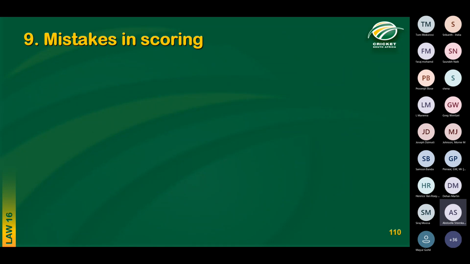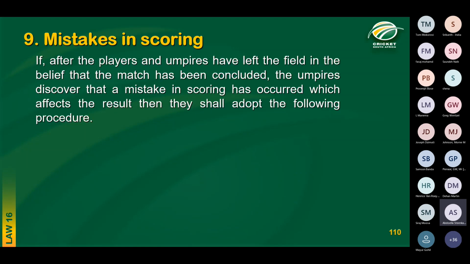So what happens if there's mistakes in scoring? The law tells us, let's say side B needs to score 200 runs to win the game. The scoreboard shows they need 2 runs to win. The ball gets hit down to third man, and the batters run the 2 runs. So now the score is on 201.